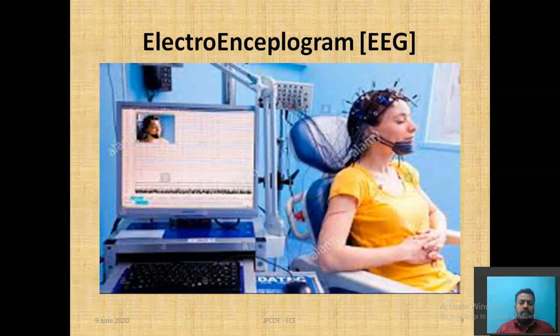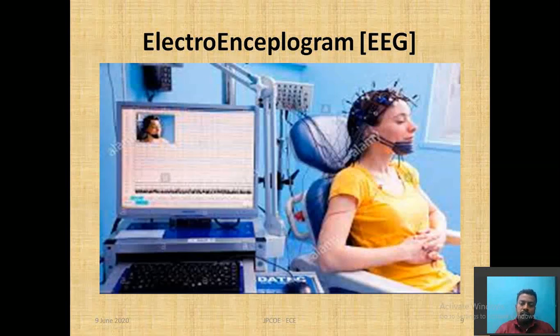To measure the EEG we have a helmet-shaped electrode kit, with around 64 electrodes present. When measuring EEG, they remove our hair, then place this kit over our head along with some electrolytic gel.